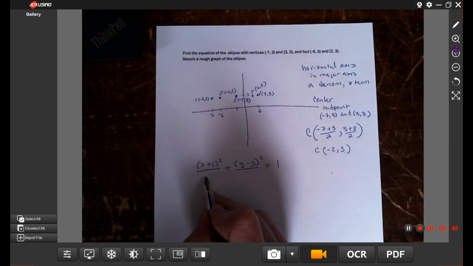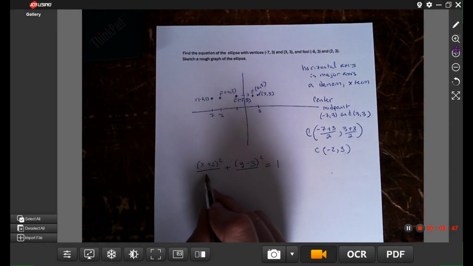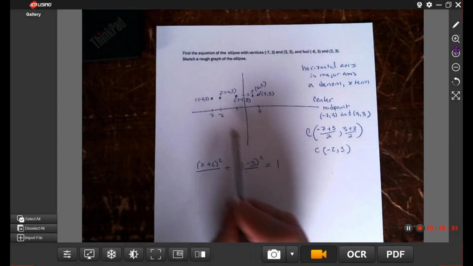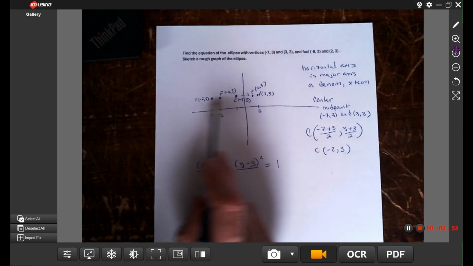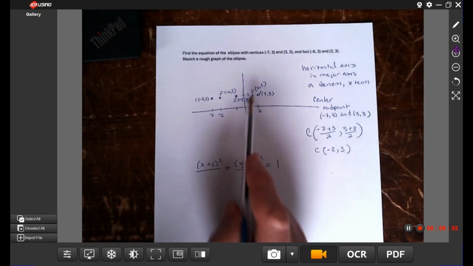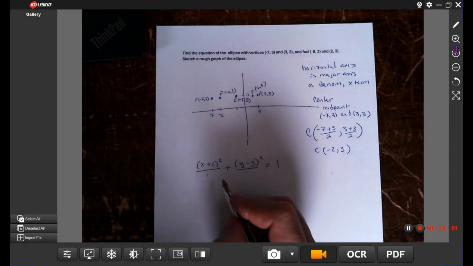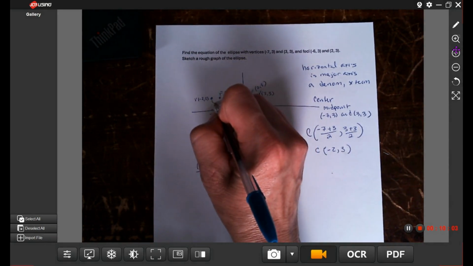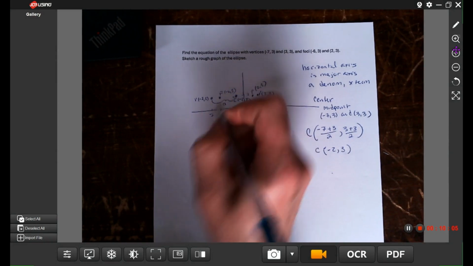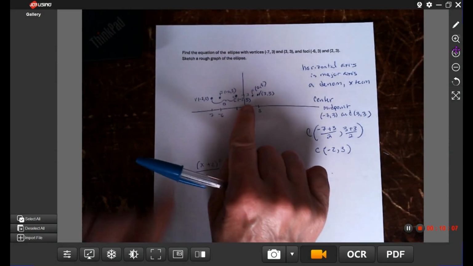Now, the denominator under the x term is going to be a squared, because we know that the horizontal axis is the major axis. And a is always, or each of those, a and b, is the distance between the vertex and the center. So this distance is a. So let's calculate a.